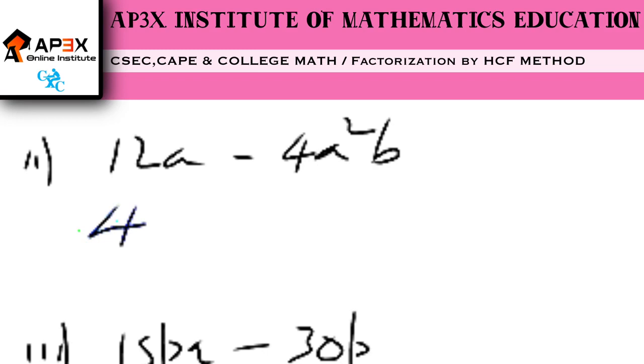So we have an a, which is a to the 1 here, and we have an a squared. So a to the 1 has a lower power than a squared. Therefore, a to the 1, or a, is your highest common factor. Now, trick question here, check. You can see that b is on the right, but it's not on the left. Therefore, b is not a common factor.